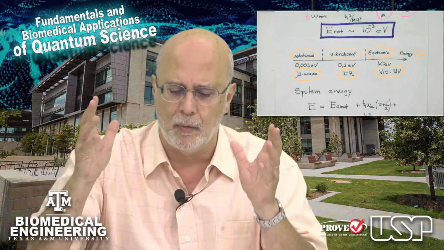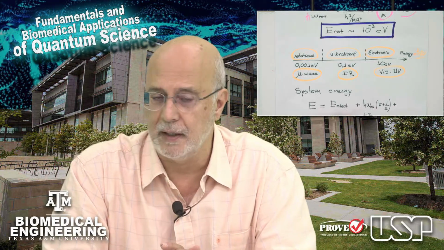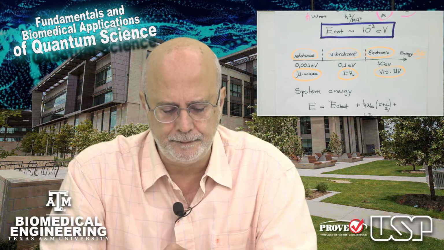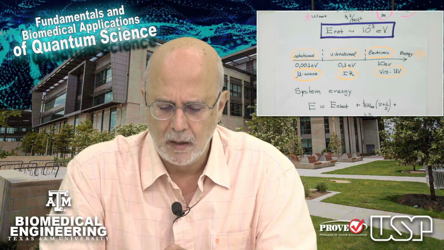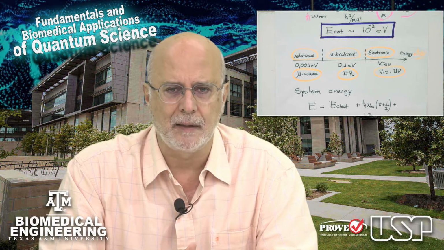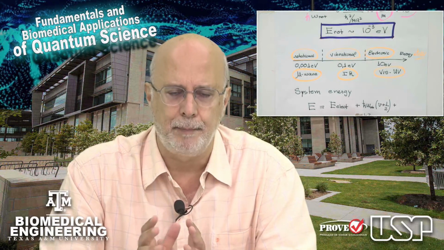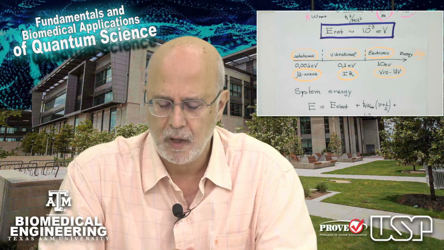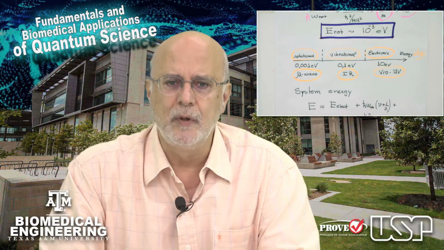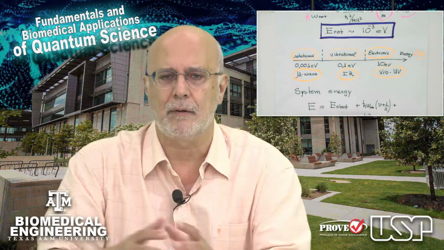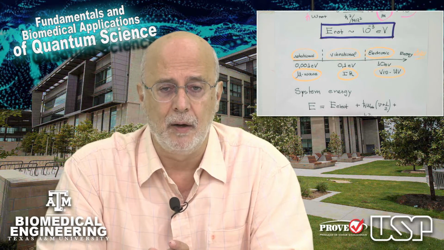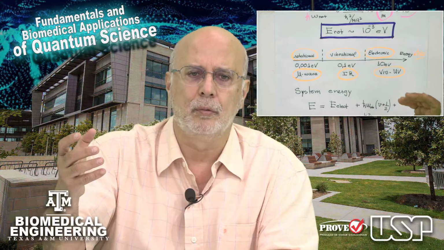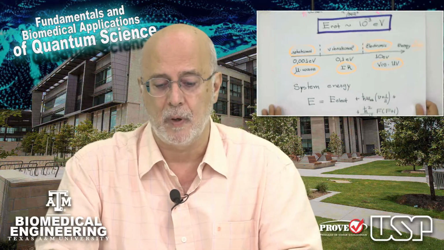Vibration is almost always like a harmonic oscillator. And this is h bar omega times a quantum number plus half, because there is a zero-point energy even in molecules. And for the rotation, we saw already the rotation of the electron around the nucleus, and we know that L squared goes like a quantum number times the quantum number plus 1.